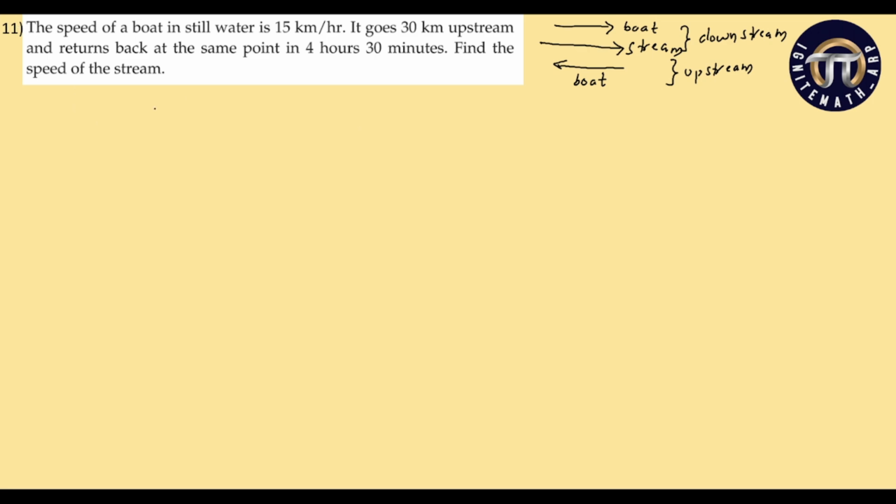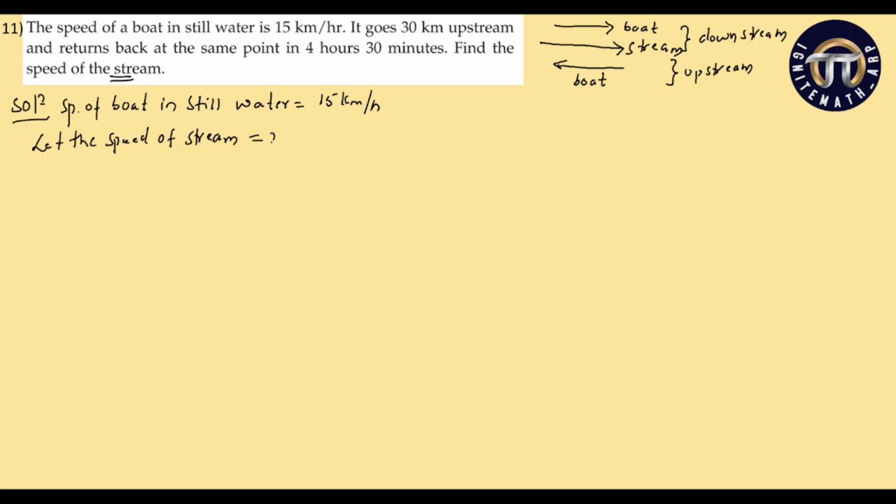Okay. So now I will just write down the speed of the boat in still water. So solution: speed of boat in still water is given to you, which is equal to 15 kilometer per hour. Right. So what you're asked to find out is the speed of the stream. Now what I do, let the speed of stream be x kilometer per hour.